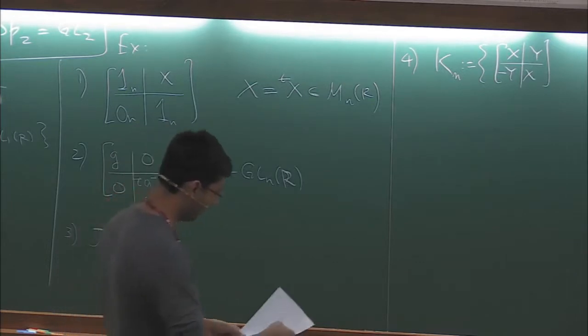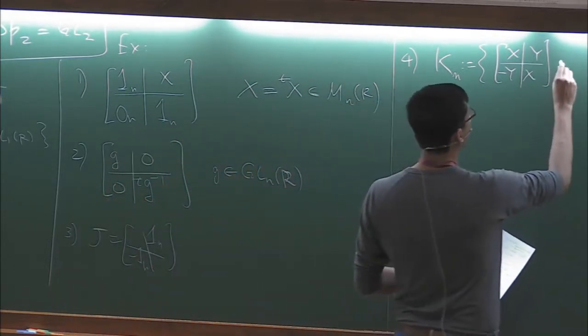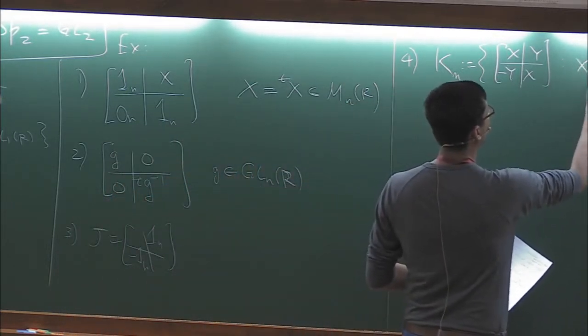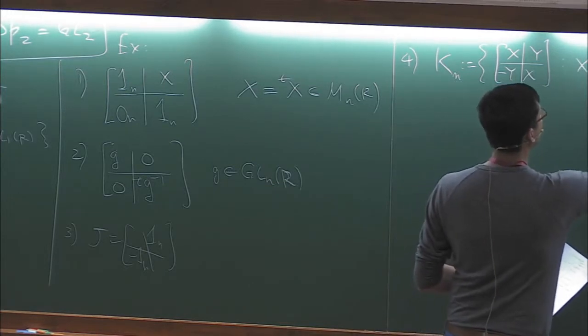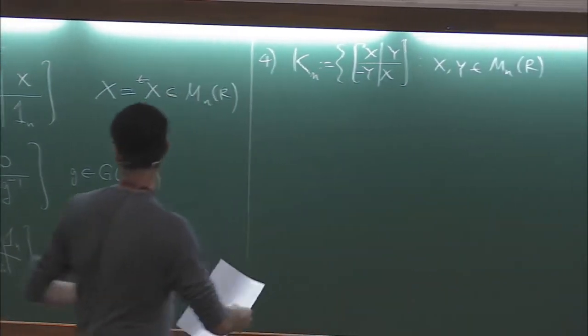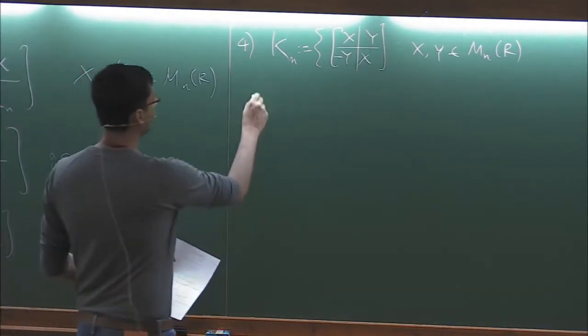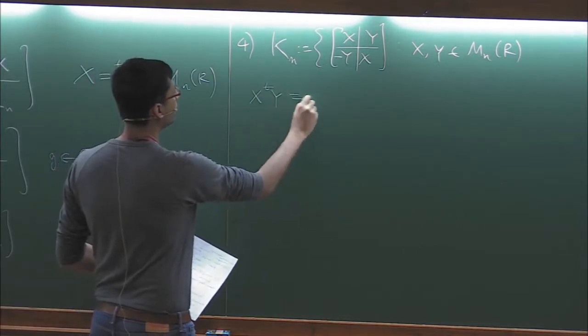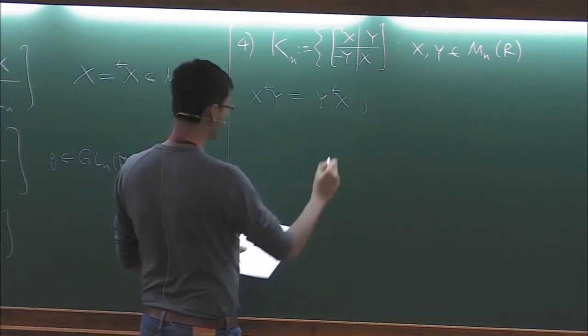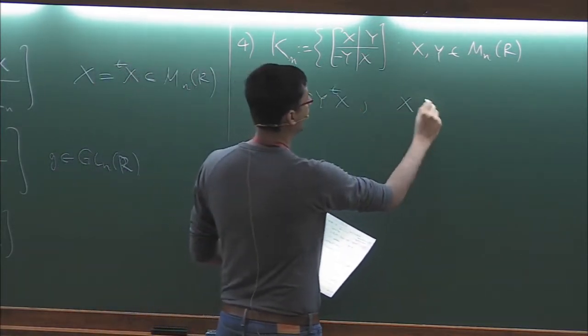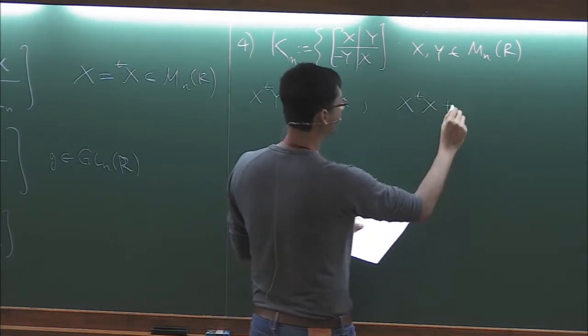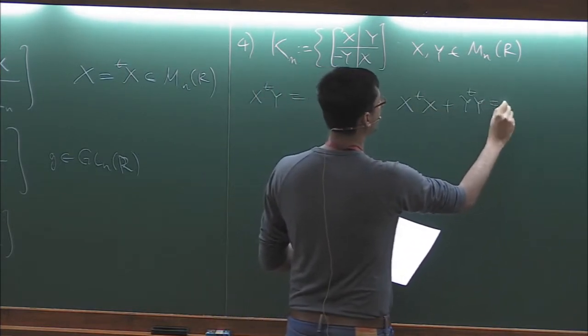And here X and Y are n by n matrices, and so that it belongs to the symplectic group, there is some relation between X and Y. So I have X Y transpose is Y X transpose, and X X transpose plus Y Y transpose is identity.